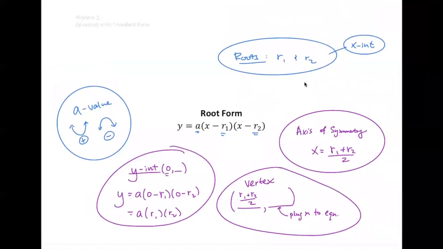So the root form tells us some good information. And I'm saying this for this course, and also in the context of college admission tests like the SAT and ACT.